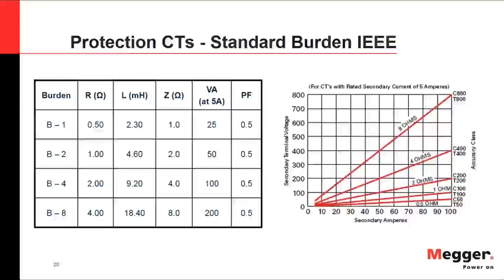If we go from here, from say 5 amps all the way up to 100 amps and 8 ohms, our VA will be represented in the classification that we have here.